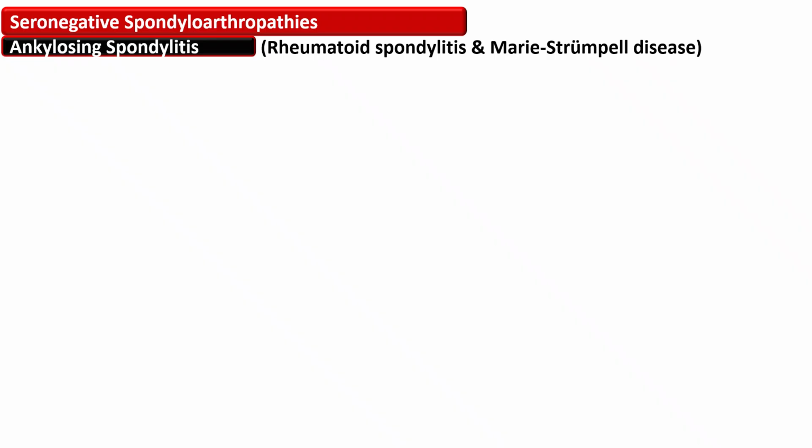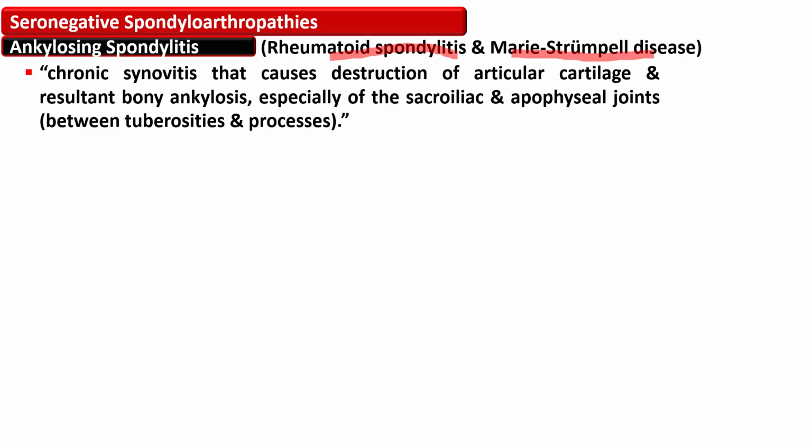Ankylosing spondylitis is a subvariety of seronegative spondyloarthropathy. It is also termed rheumatoid spondylitis or Marie-Strümpell disease. It is a chronic synovitis that causes destruction of articular cartilage, and it results in bony ankylosis, especially of the sacroiliac and apophyseal joints between tuberosities and processes.